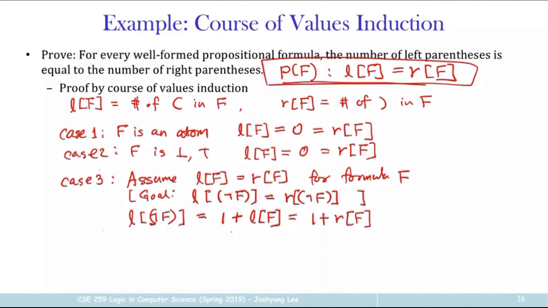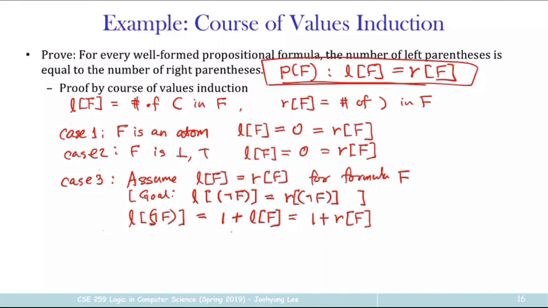How do you know that they are the same? Because if there's a left parenthesis, there's going to be a right one. Let's be simple. There's a solution already in the slide. It's from our assumption: L of F is equal to R of F.